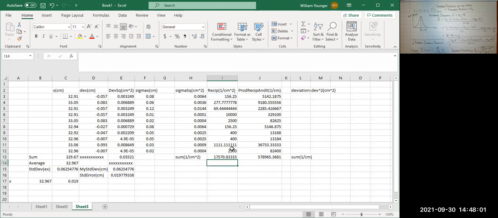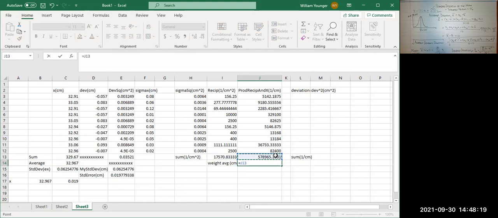So now I can take the weighted average. That's going to be just the numerator, which is this, divided by the denominator, which is this. And that gives me 32.950364. So let me stop sharing again a second, and I'm going to write the weighted average.